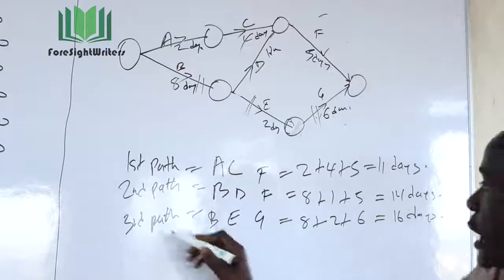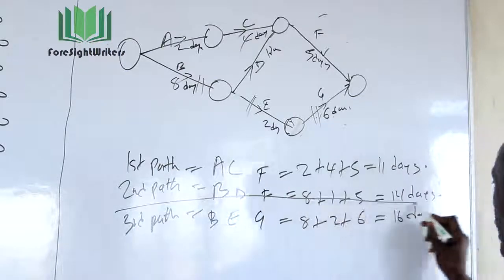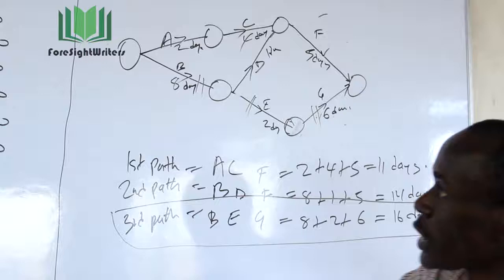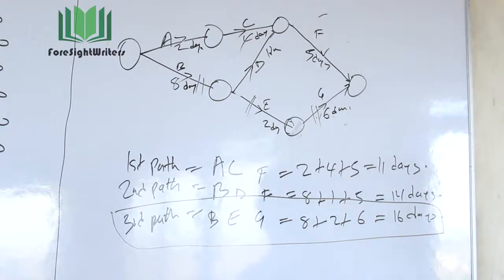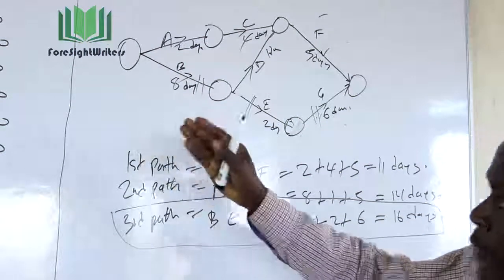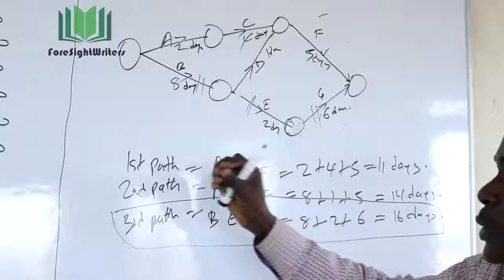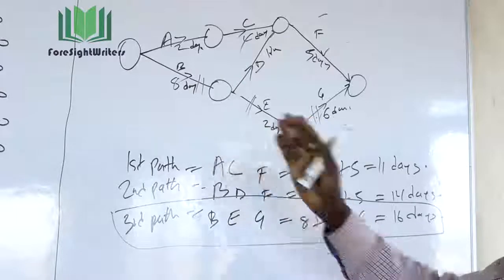So we say this is the critical path, and therefore, all crashing of this project will be based on this critical path. So it means that we now need to come to understand the algorithm of crashing the project. One of the procedures that we need to establish is to identify the crash cost per unit. Now, the crash cost per unit will be the basis by which we shall crash the activities.